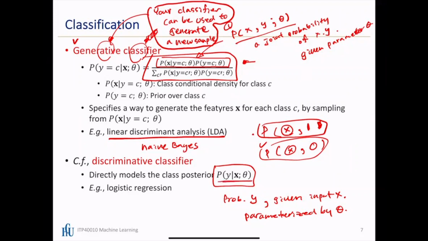In both cases, we need to estimate this conditional probability, y given x, but how to achieve it is different. In a generative classifier, you initially model the joint probability, and from the joint probability you recover this decision function. In a discriminative classifier, on the other hand, we directly model this conditional probability. Things are quite vague at this point, I believe, so let's try to find out the meaning.